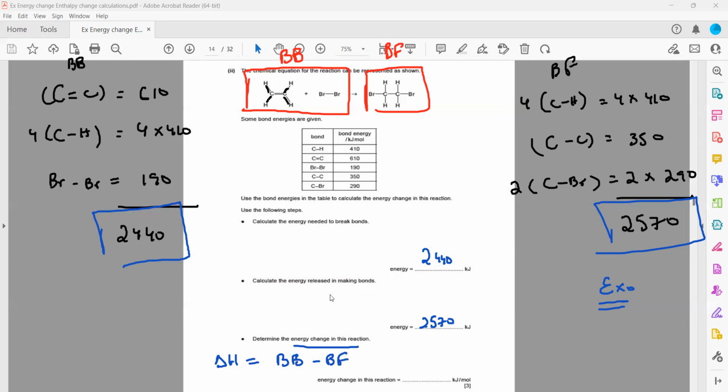So bond breaking was 2440 minus bond forming 2570. When you simplify, you get the energy change for this reaction, which is about minus 130 kilojoule per mole. Is it clear, this question? Anyone having a doubt related to this one?